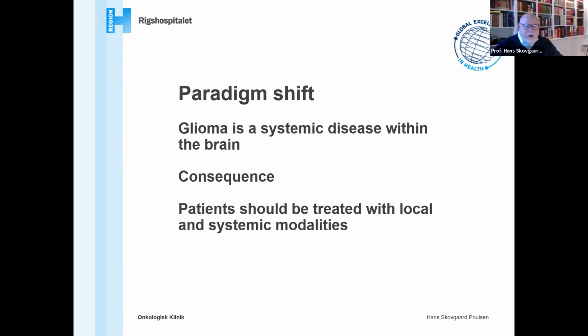A number of years ago, there was a paradigm shift concerning gliomas in adults. Earlier, we thought it was a local disease with some fingers out in the brain.